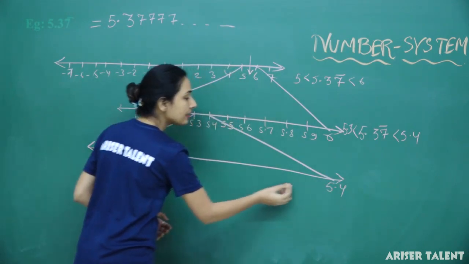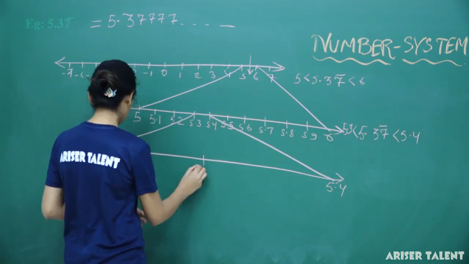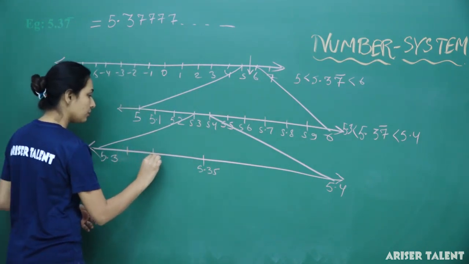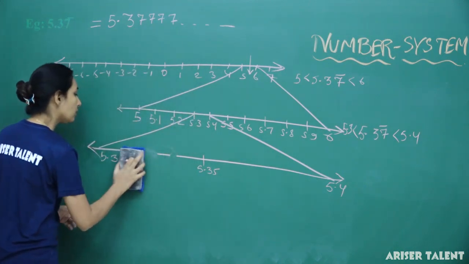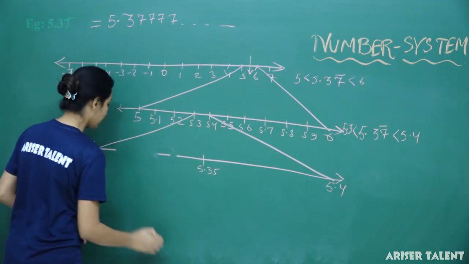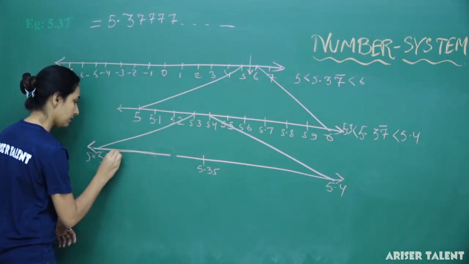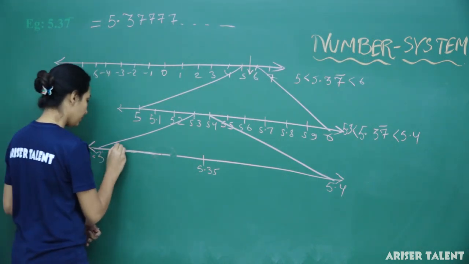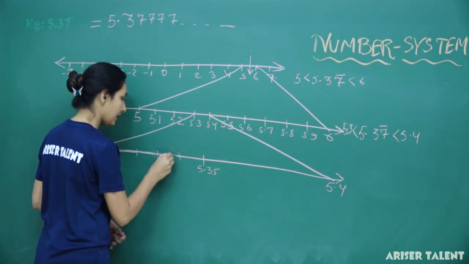Now you have to divide this line in equal 10 parts. So the mid will be termed as 5.35. Okay, you will be having 1, 2, 3 and, sorry, these are not equal. Okay, so that will be 1, 2, 3 and 4, right.